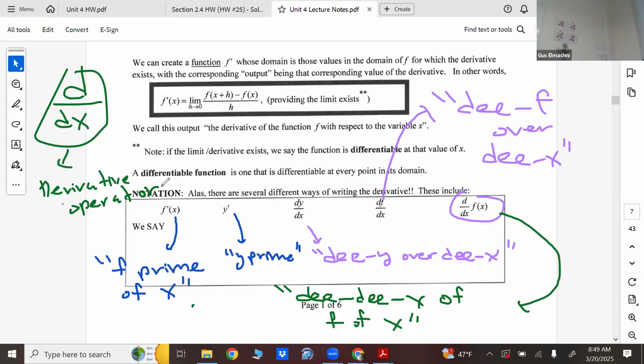So when you see this here, this means: hey, let's find the derivative of this guy. Yes, these all mean the same thing, but this is a little more intentional, like I want to take the derivative of something.